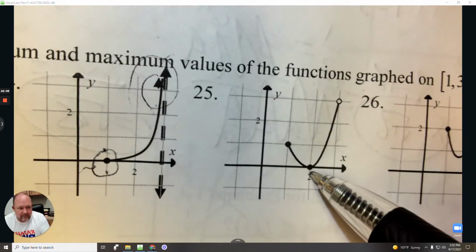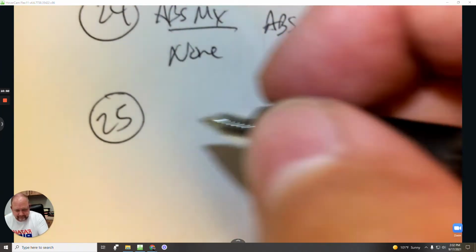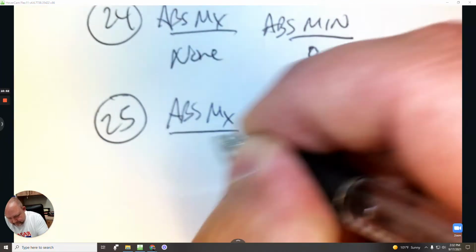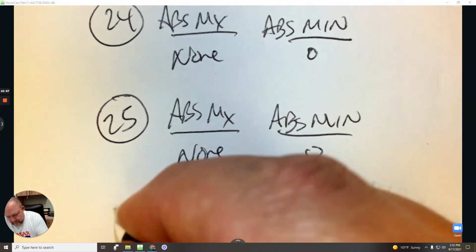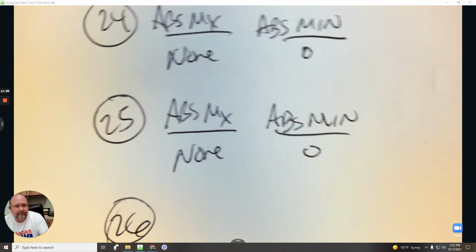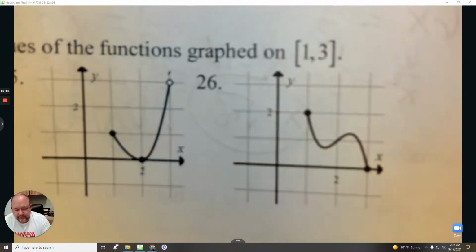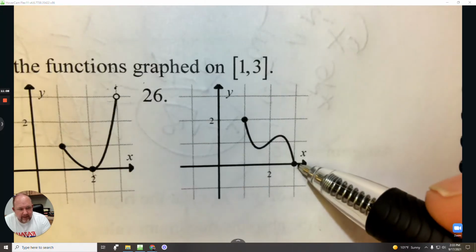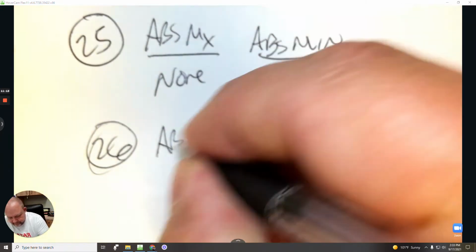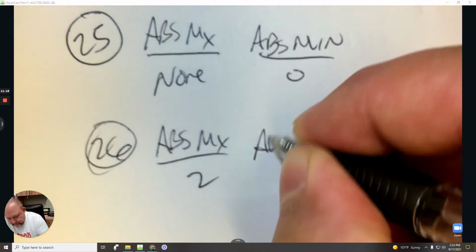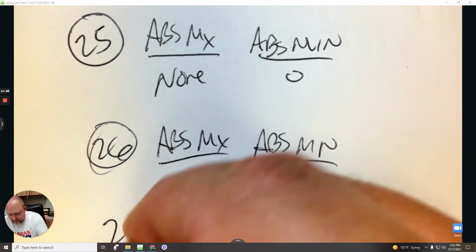We have an absolute minimum at 0, but we have no absolute maximum because there's a hole there. Number 26. The minimum is at 0 and the maximum is at 2. Easy, right?